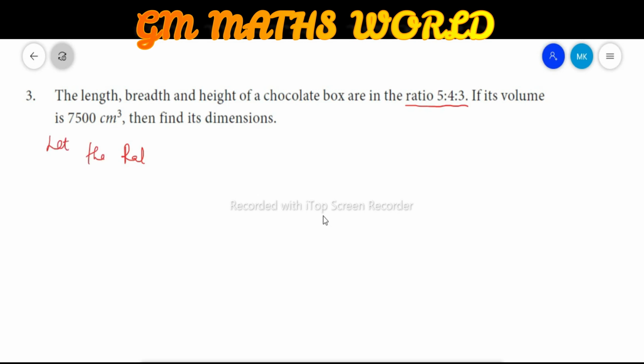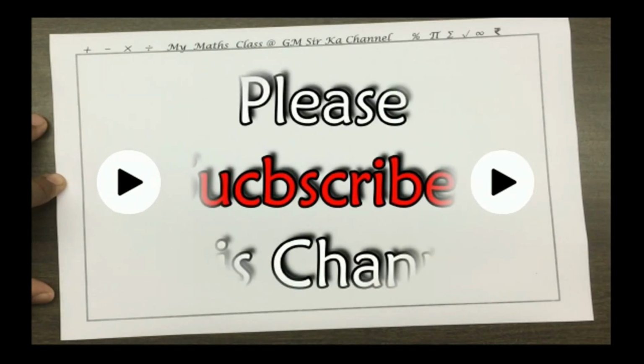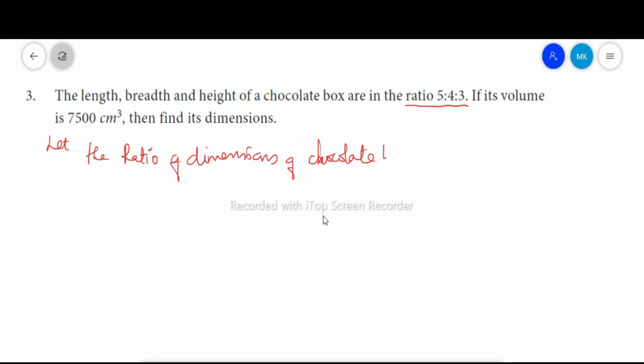So we have to write, let the ratio of the dimensions of a chocolate box be 5 is to 4 is to 3.